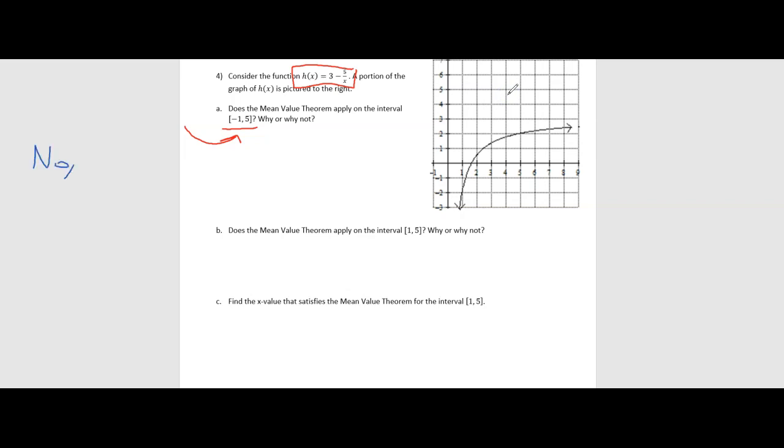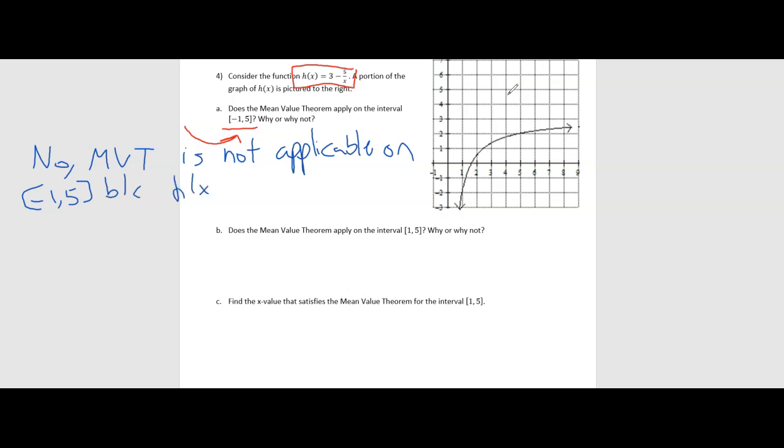So no, and we can abbreviate this MVT, mean value theorem, is not applicable on the closed interval -1 to 5 because h of x is undefined at x equals 0, and 0 is on the closed interval -1 to 5.